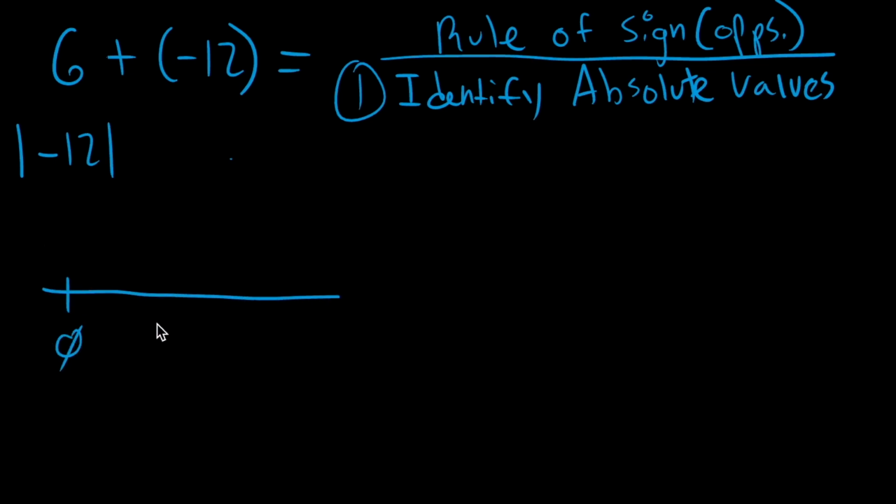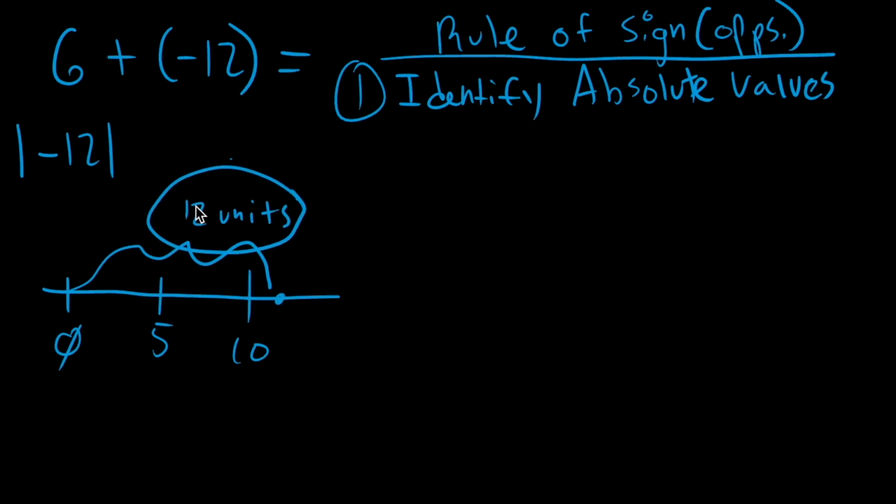And then 0, 5, 10, and somewhere here 12. We are 12 units away from 0. That is your absolute value, 12. And 12 will always be positive because we're looking at the distance away from 0.